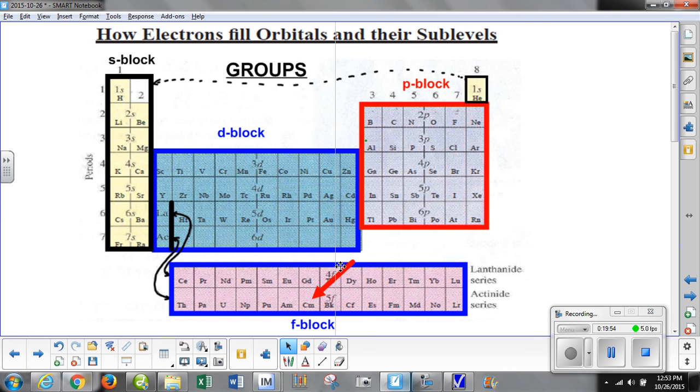So again, we would go across here, then we come back, and we go across here until we get to the P's, which don't even show on this particular chart. But this row, I think, is now full. This is an older chart. And then we have, I think, the guy under tellurium and the guy under bismuth after that.